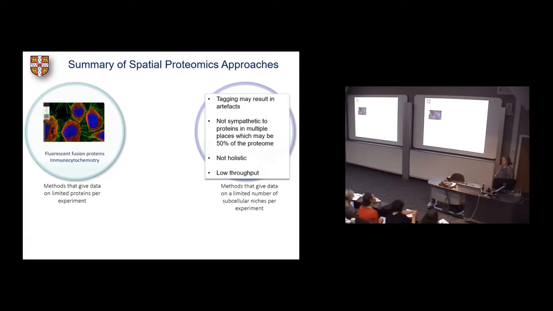So the other issue with these methods, where you're looking at a compartment at a time, is that it will tell you what's there, but it won't tell you what the proteins you identify are capable of. So if those proteins can be in more than one place, you won't know what that other place is.